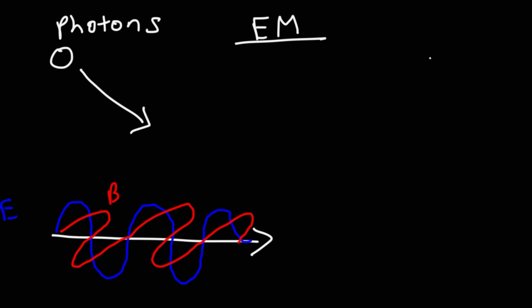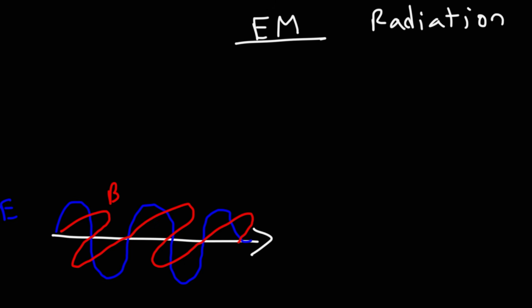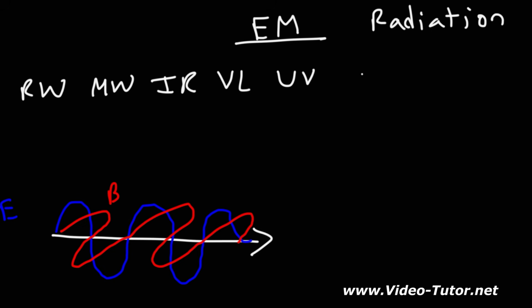Now there are other types of electromagnetic waves other than light. We have radio waves, microwaves, infrared radiation, visible light, ultraviolet rays, X-rays, and gamma rays. And beyond that, cosmic rays.